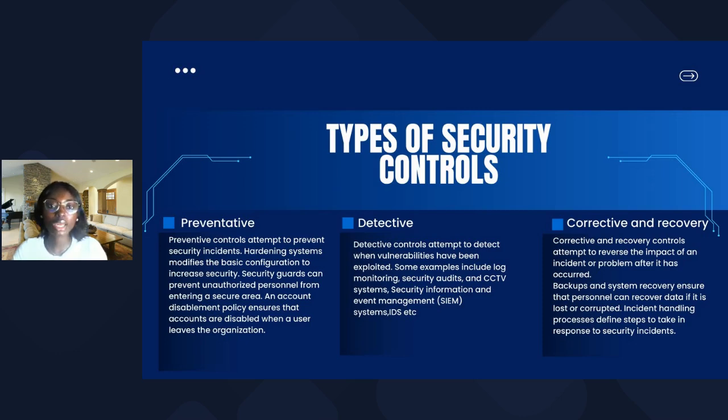An example under preventive can be the process of hardening your systems and applications, which can be a way of preventing against security incidents, right?